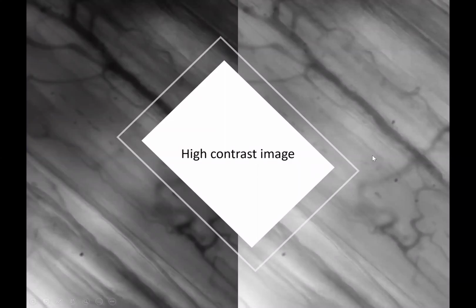So for the first step, how do we get a high contrast image? The answer is to take a statistical calculation on video frames. Before I talk about statistical calculation, I need to talk about red blood cell optical characteristics first. Red blood cells have many pigments.